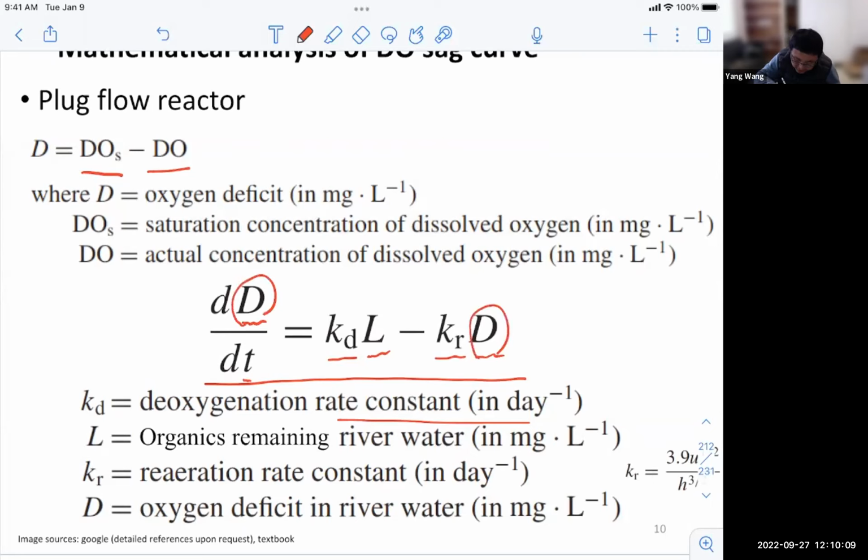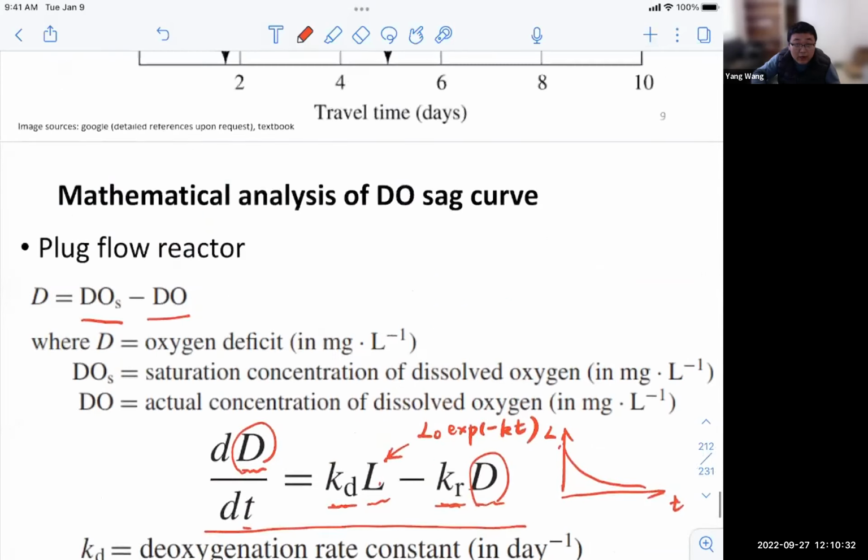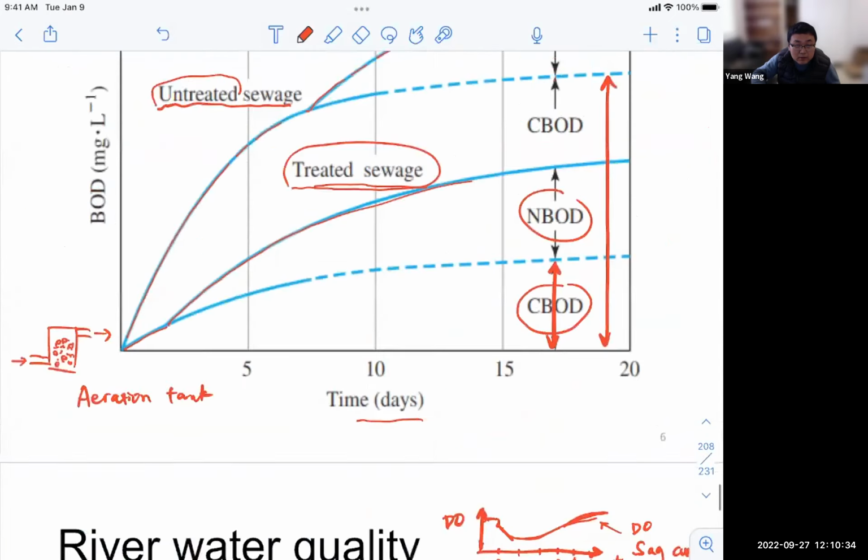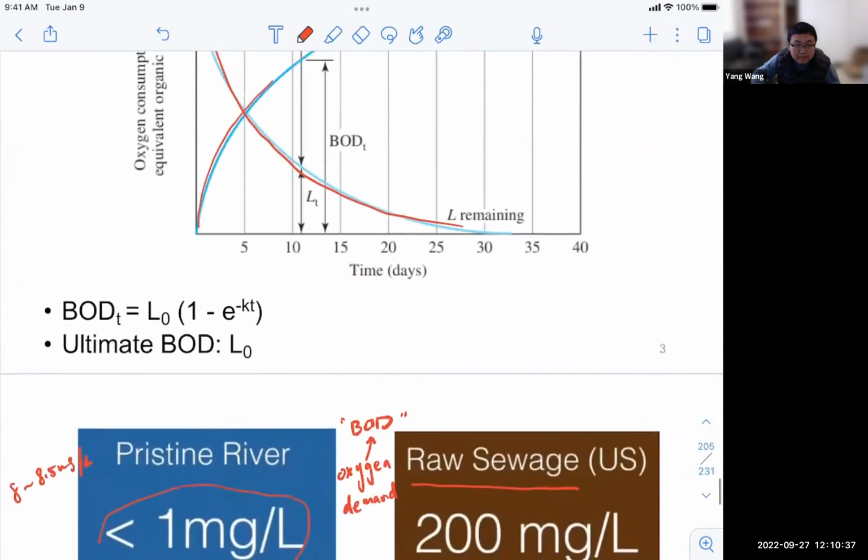If we know that KD and Kr are already constants, then we just need to find out what L is. L, which is the organics in the river, is actually L0 times exponential of minus KD t, because the organics concentration is going to decrease exponentially. If you recall at the beginning, we showed this curve here.